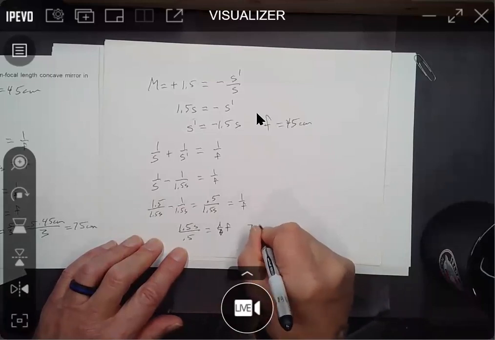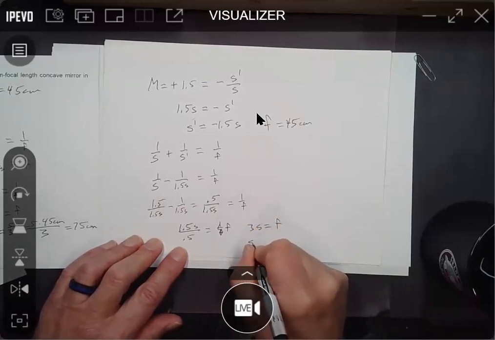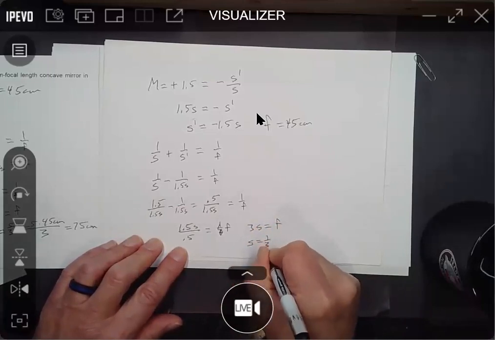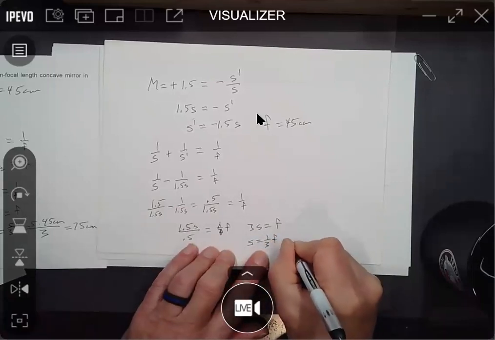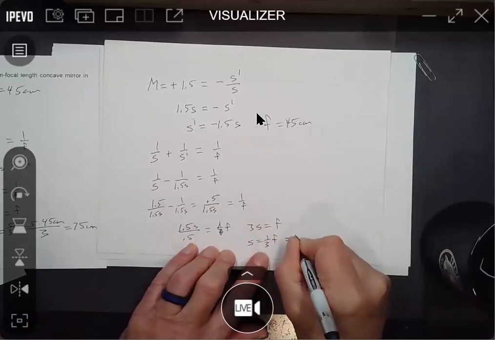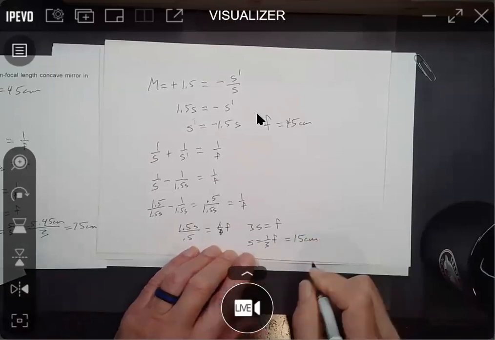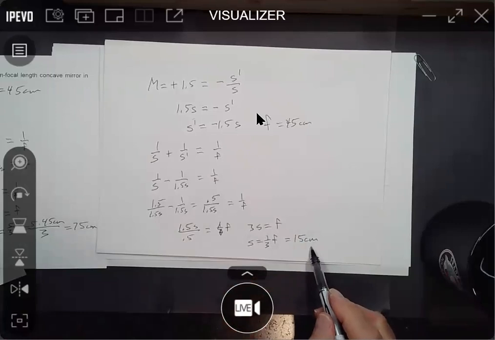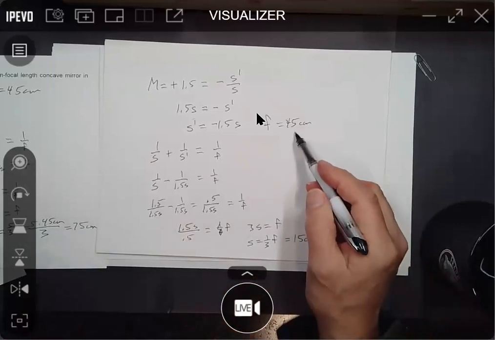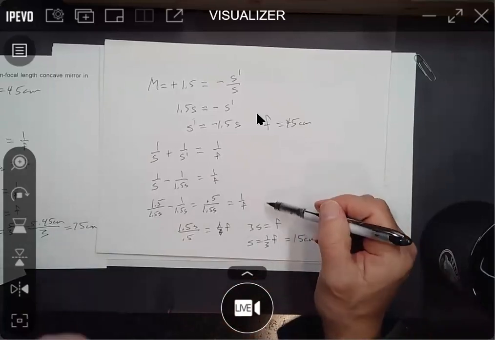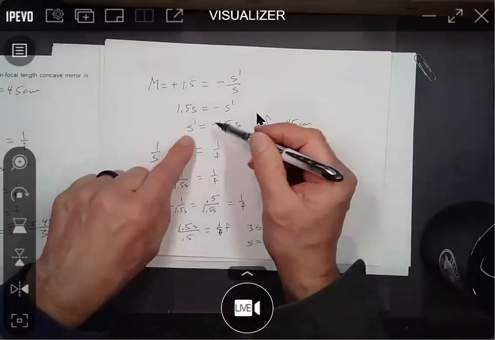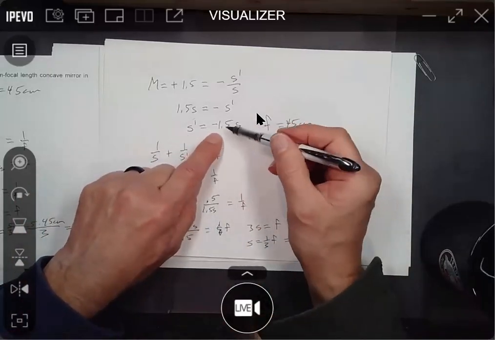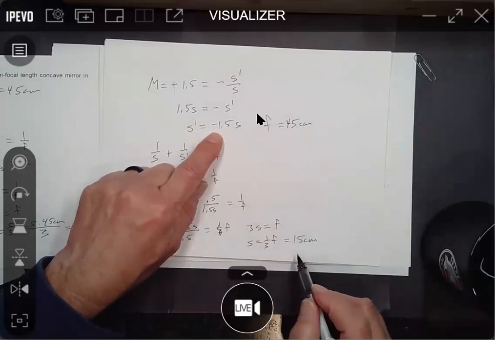Anyway, 3s is equal to f, or s is equal to 1/3 the focal length, 1/3 f, which is 15 centimeters. So we've got the object inside the focal length of the mirror again. And when we do that, our s prime is going to be negative compared to that, 1.5 times this.